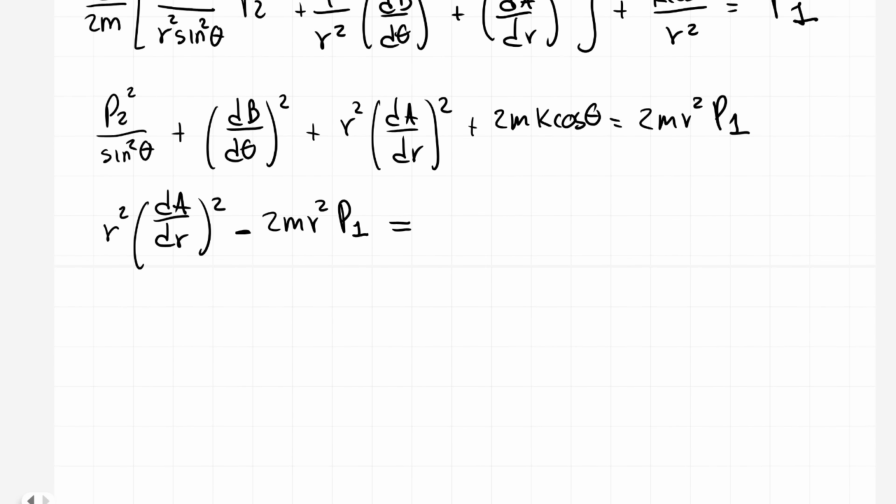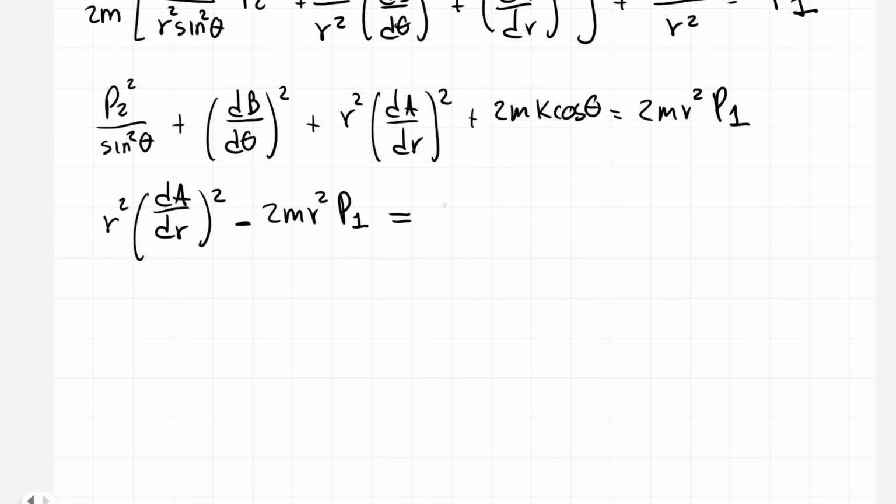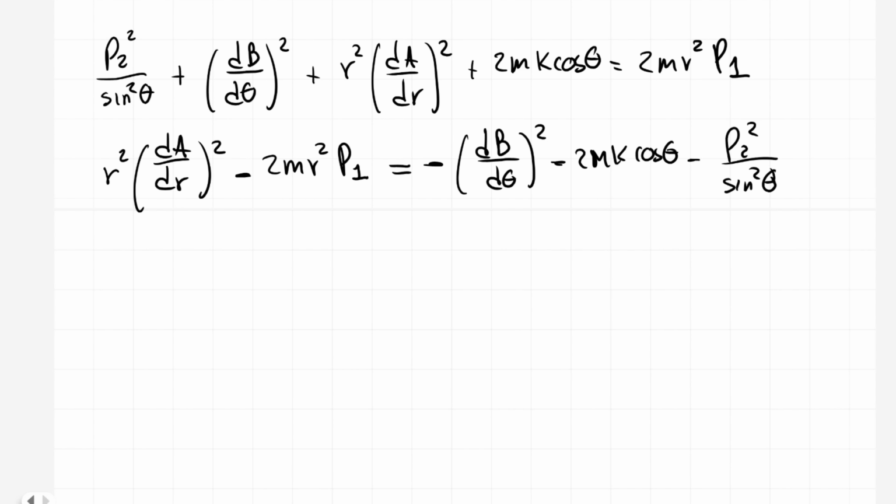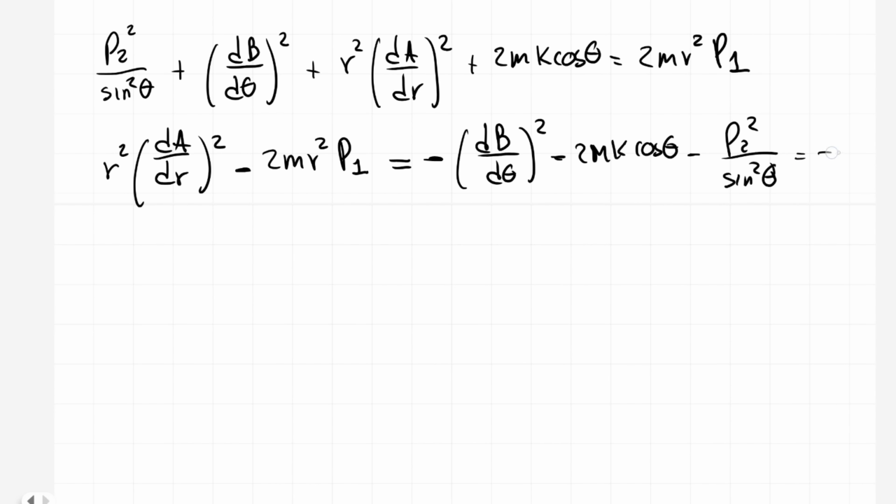No, let me write the variables that depend on theta here. So it would be minus the derivative of B with respect to theta squared minus 2mk cosine theta, and then minus p2 squared divided by sine squared theta. So we are going to establish that this is going to be equal to minus p3.